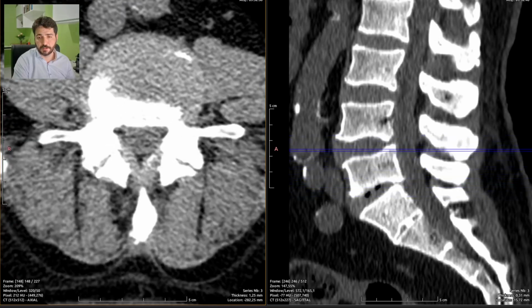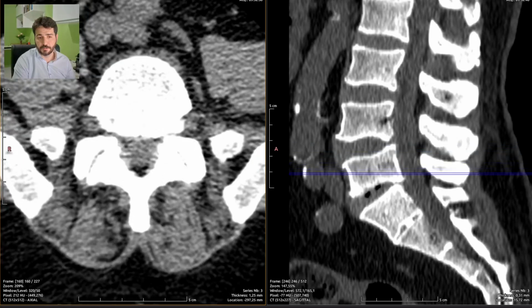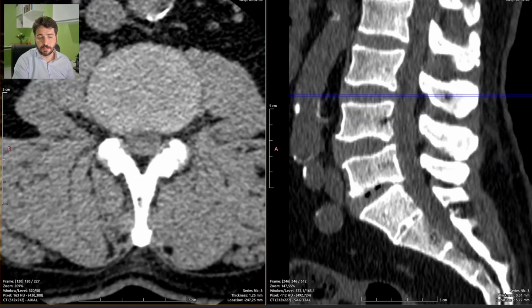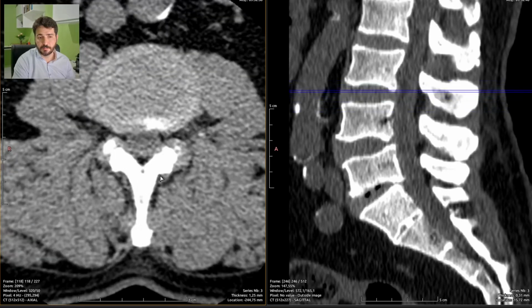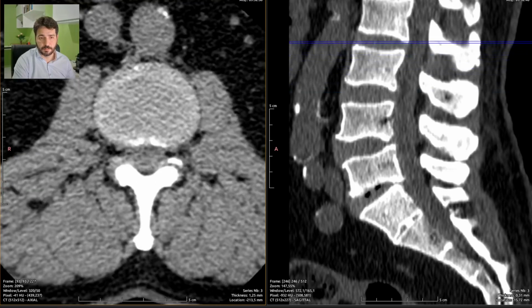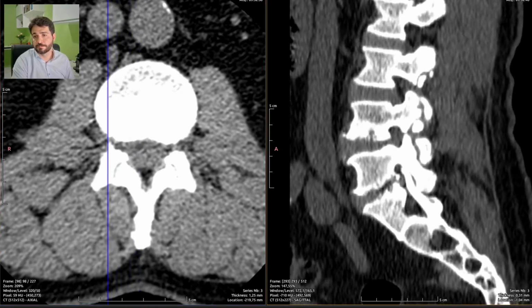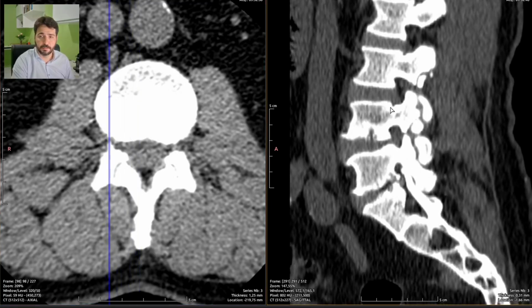This is mild, this is moderate, and this is normal, even though there is some mass effect over the neural structures. This is plain normal. So let's see now the intervertebral foramina.